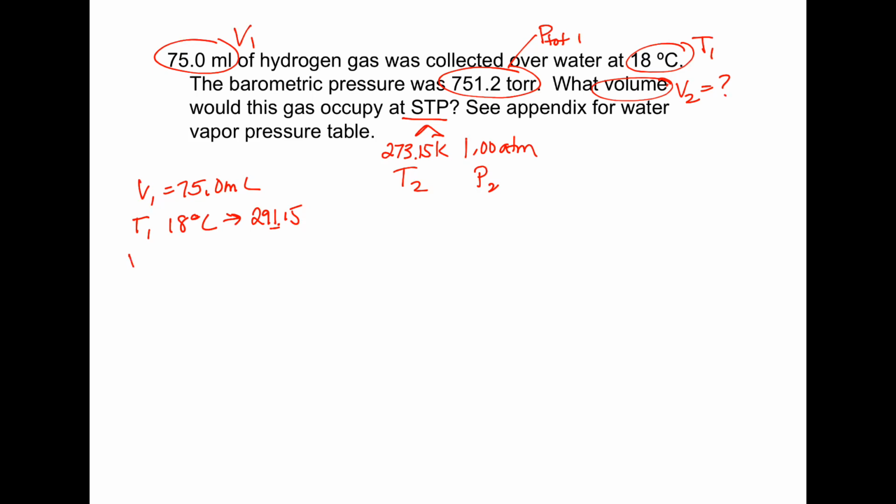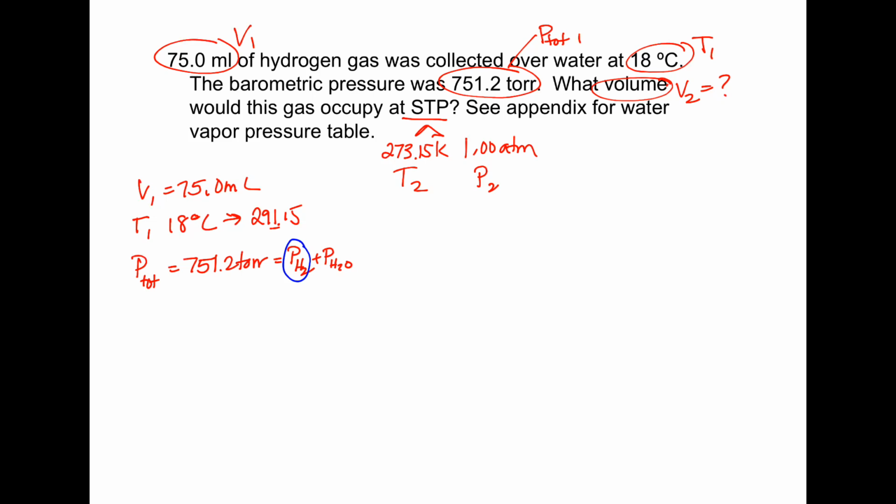My pressure total is 751.2 torr. That's equal to the pressure of my hydrogen gas plus the pressure of my water gas. I'm only interested in the pressure of the hydrogen gas.